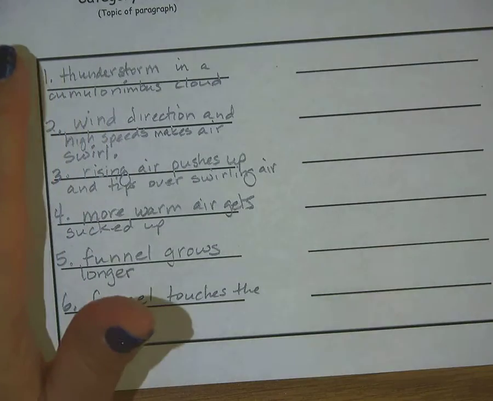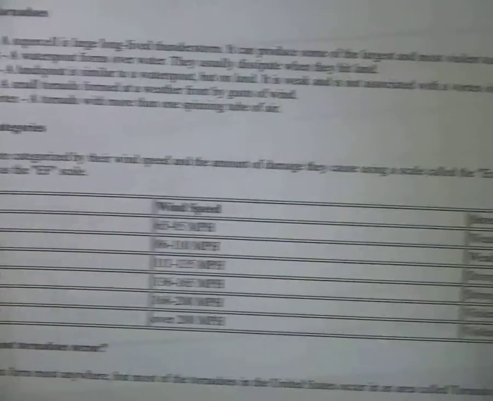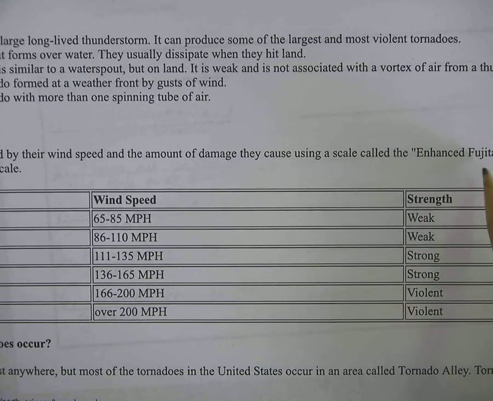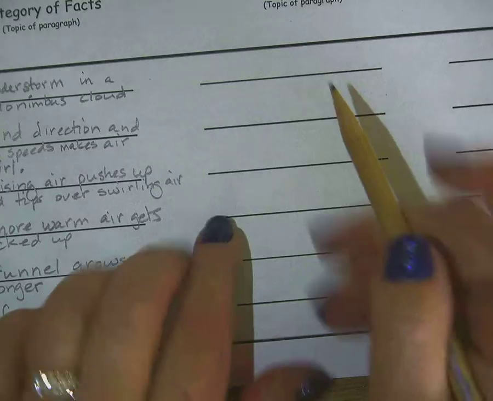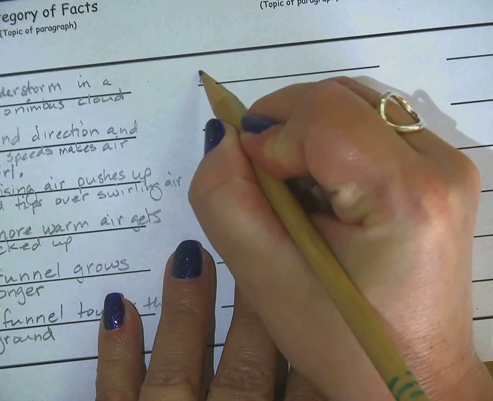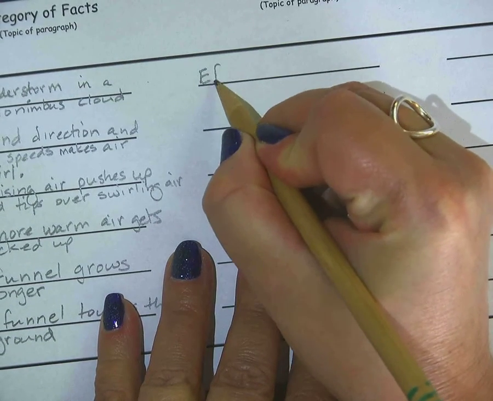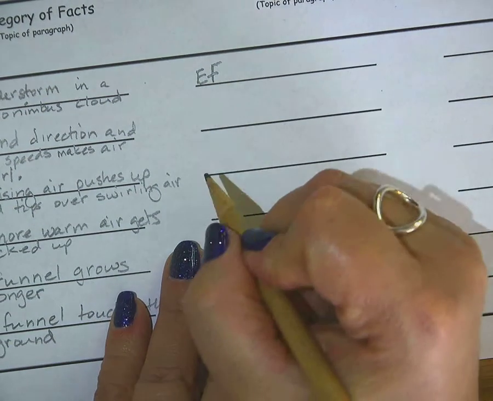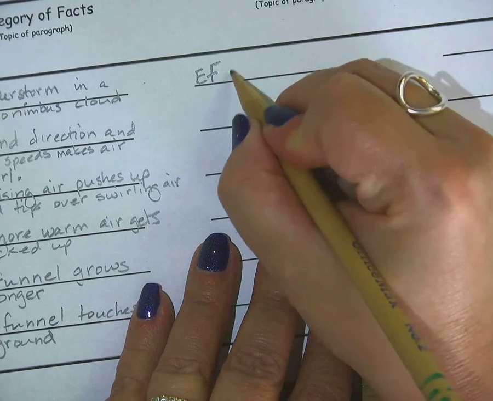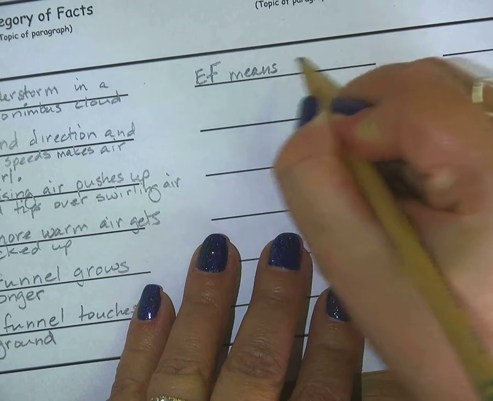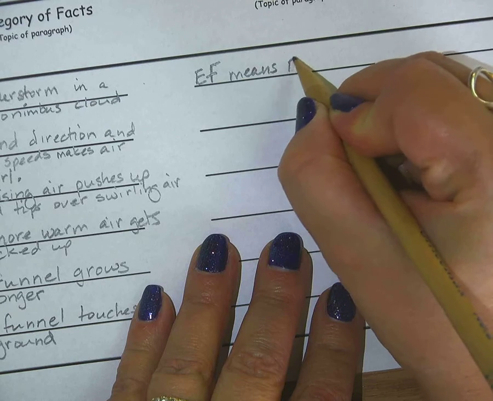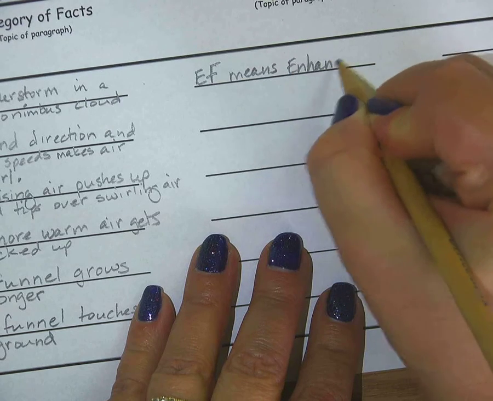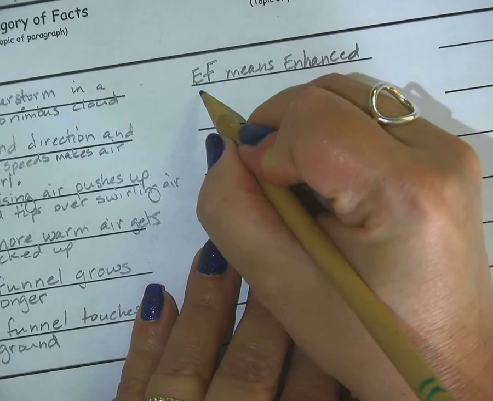Now, if I'm at the category, remember I found the enhanced Fujita scale. So I would put EF, because I think it's important that people know what that stands for. The EF, those are both capitalized, means enhanced Fujita.